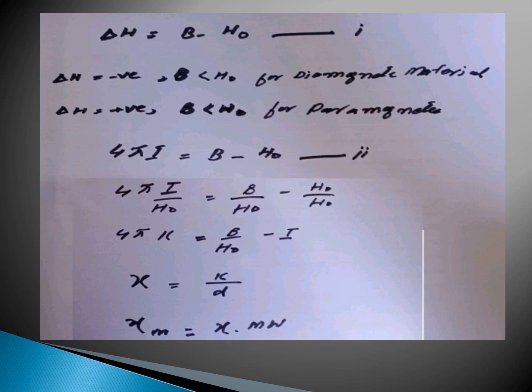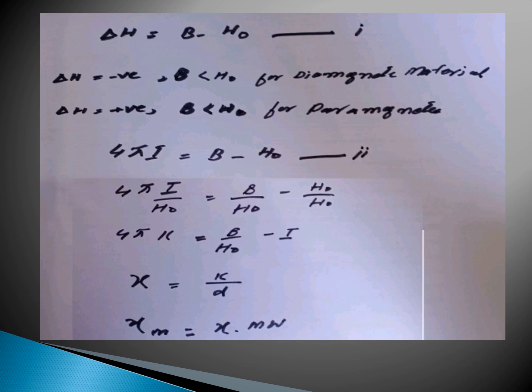Now 4 pi I is equal to B minus H naught, and this 4 pi I comes from the difference between the applied magnetic field and the induced magnetic field in the sample.